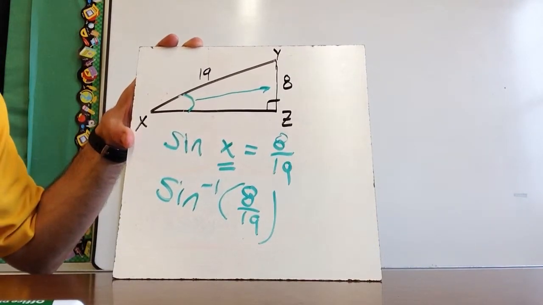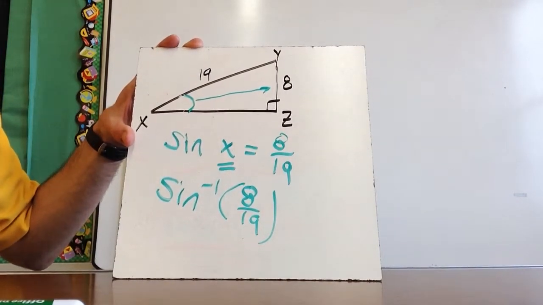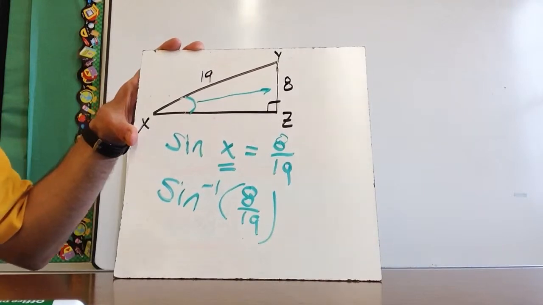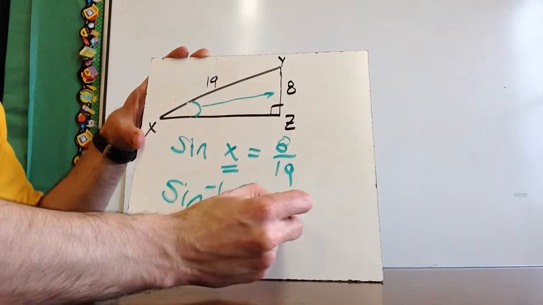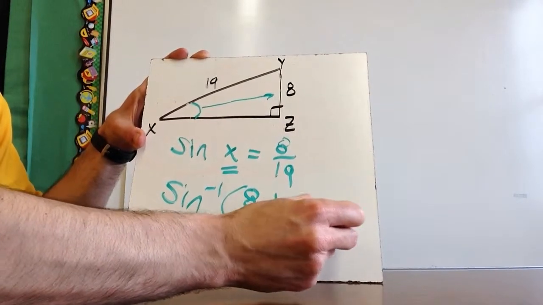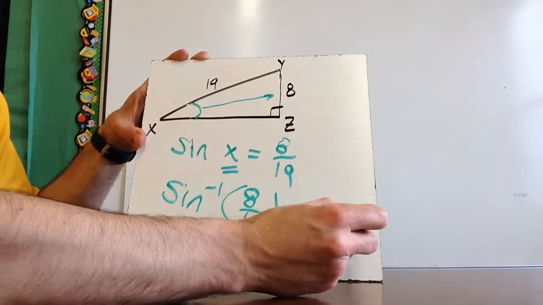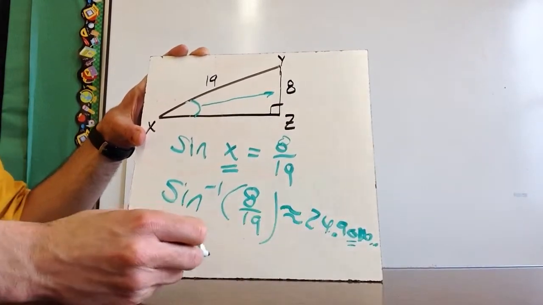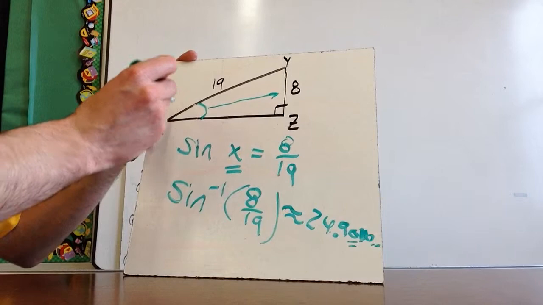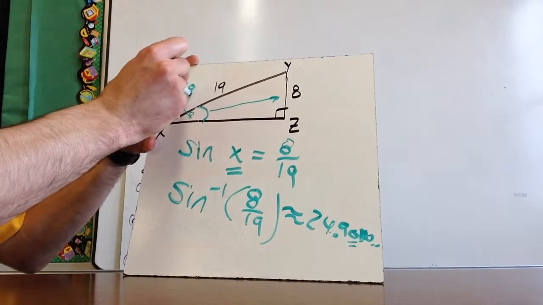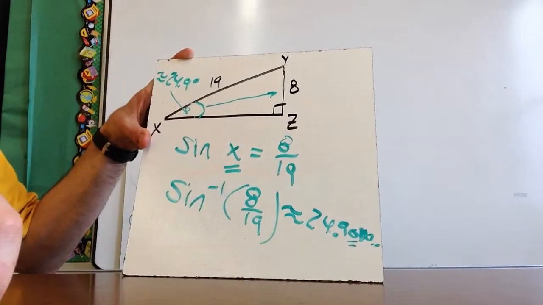And so that's what I'm looking for here, is the inverse sine, and I need to go 8 over 19, and then you're going to hit equals, and so this equals approximately 24.9010 dot dot dot. Right? And so this, if I'm rounding to the nearest tenth, the 0 tells me to leave it the same. And so this angle is approximately 24.9 degrees.